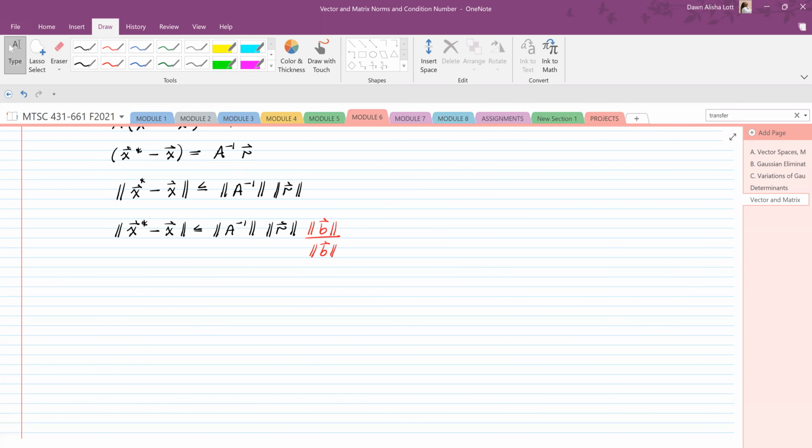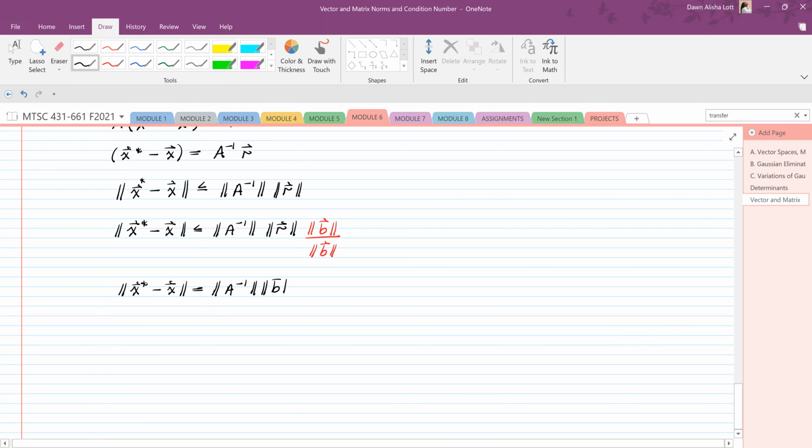So now I get the norm of x star minus x is less than or equal to the norm of A inverse times the norm of B, times the norm of R over the norm of B.